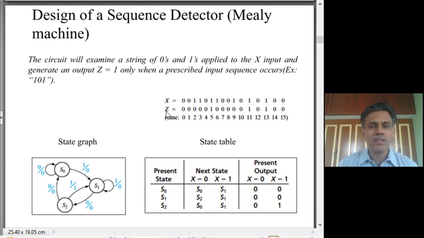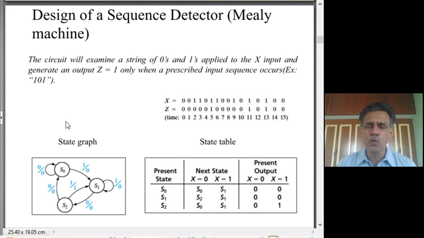So let us say the machine is in a given state where it has not detected the bit pattern at all. It has not even detected the first bit of the bit pattern. So for that state we have to give a name. We could have called it start state or A state, B state and so on.